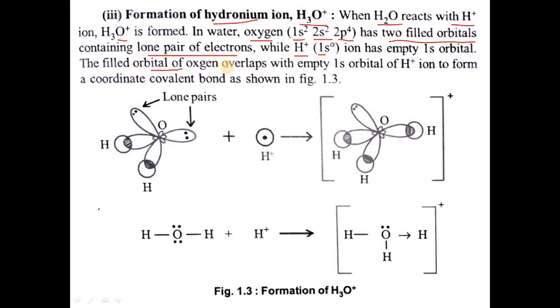The filled orbital of oxygen overlaps with the empty 1s orbital of the H plus ion, and a coordinate covalent bond is formed. Water has sp3 hybridization along with two lone pairs. So water gives its lone pair to the H plus ion, and H3O plus ion is formed. This is the formation of the hydronium ion, H3O plus.